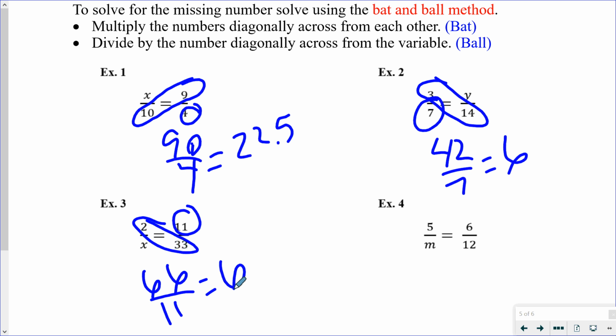And the last example, circle the bat. That's the two numbers that are diagonally across from each other, 5 and 12. That's 60. And divide by the ball, circle the ball. So we end up with m being 10.